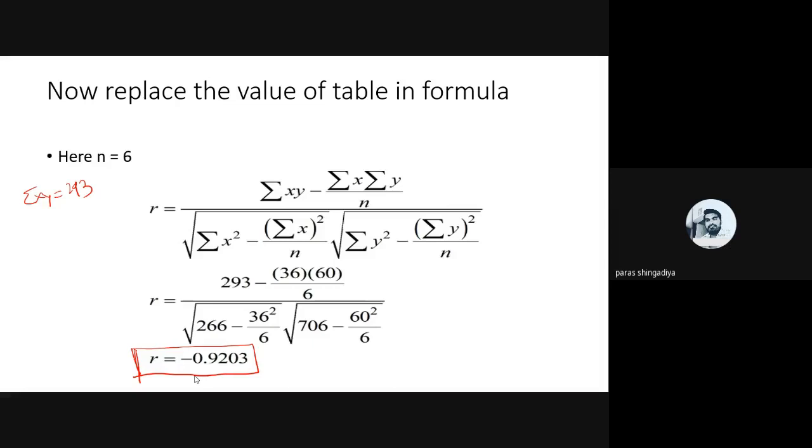All of you try it and verify this answer. Just try it by yourself. Can we find this answer or not?